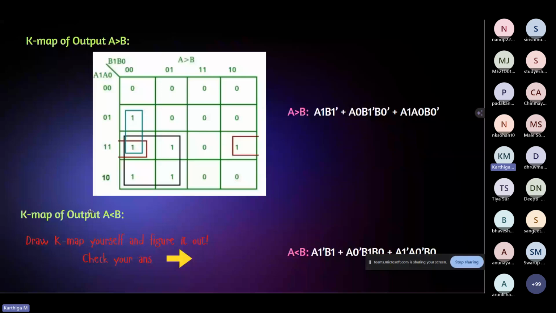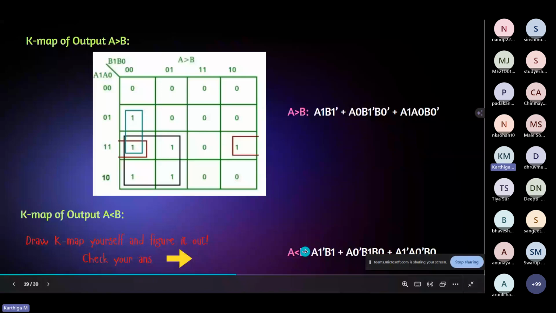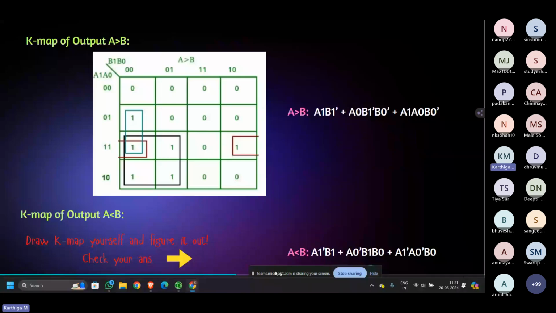K-maps are very, very important in digital design. The more you draw K-maps in practice, the more comfortable you will be working in digital design. And for A less than B, this is the final expression. After drawing the K-map and simplifying, you can check it out.